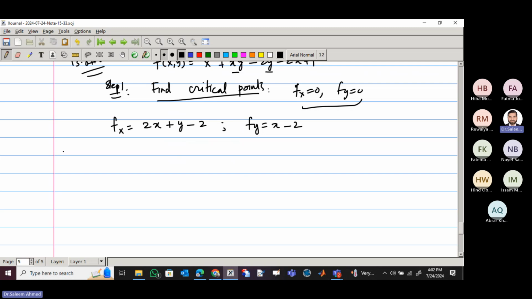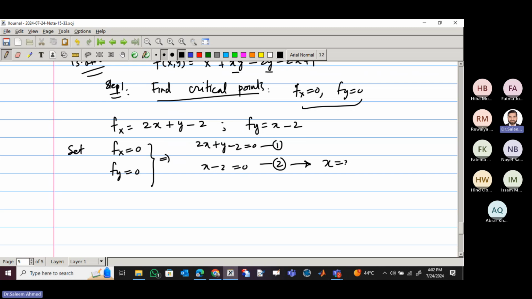Now I will set both of these equal to 0, fx equal to 0, fy equal to 0. Fx equal to 0 means 2x plus y minus 2 equal to 0, and the second is x minus 2 equal to 0. You can call this 1, and this 2.